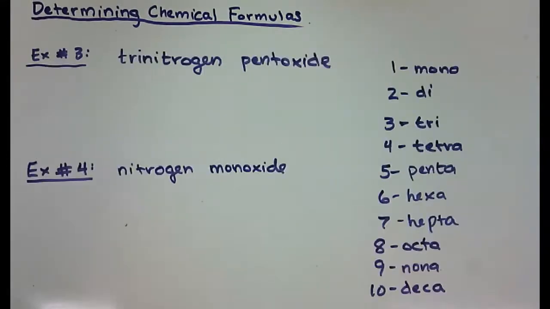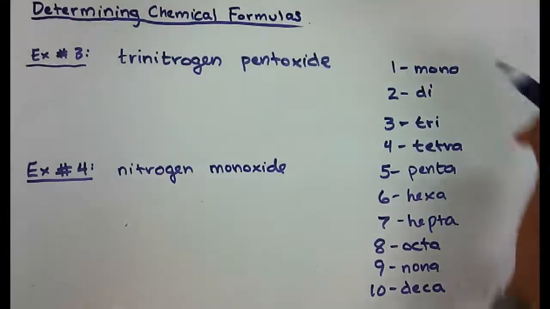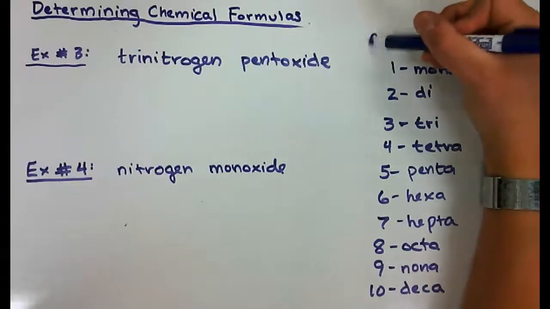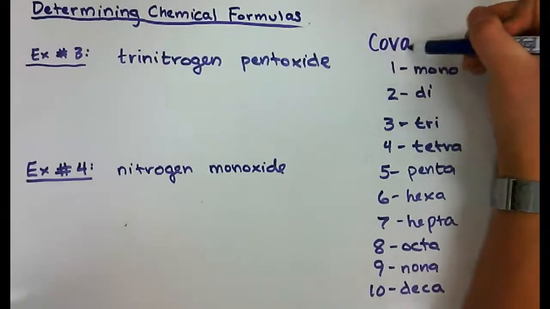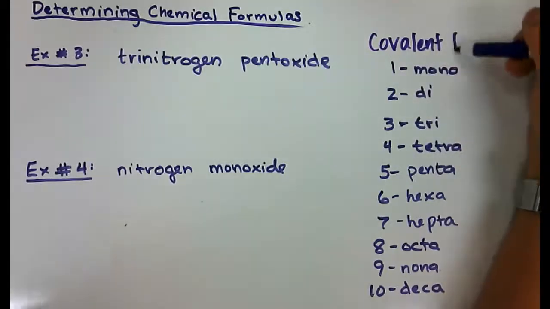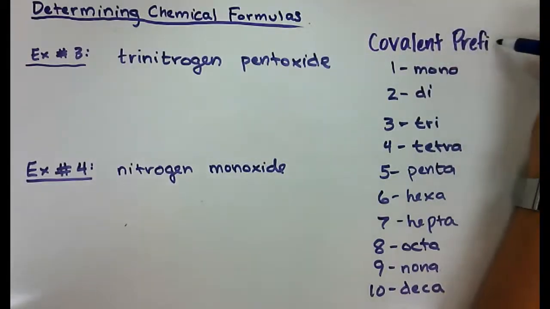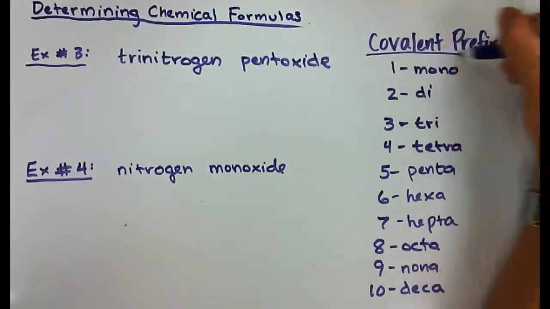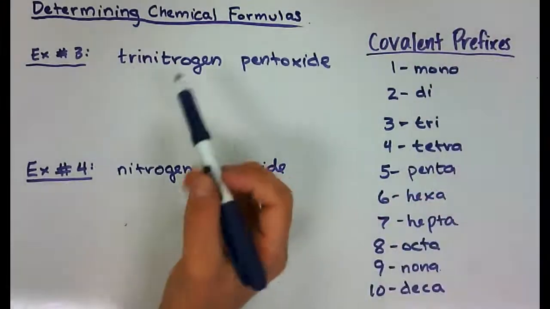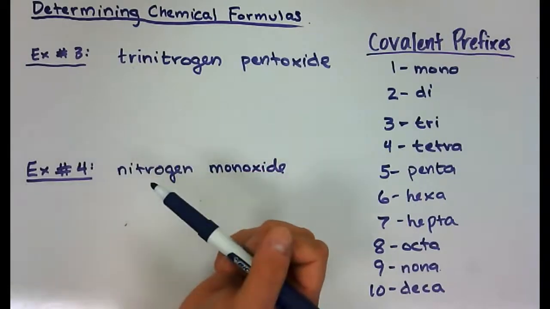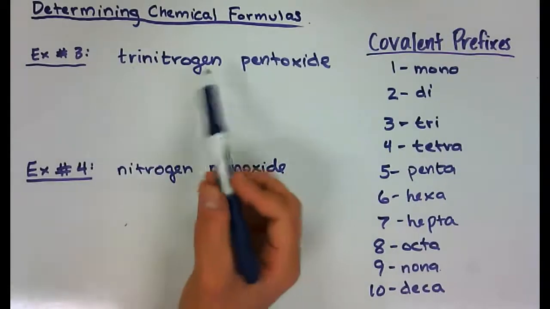The last class of compounds that we need to talk about determining formulas for is covalent compounds. And with covalent compounds, we have this series of prefixes that we put on our names. Because with covalent compounds, we have 2 nonmetals.